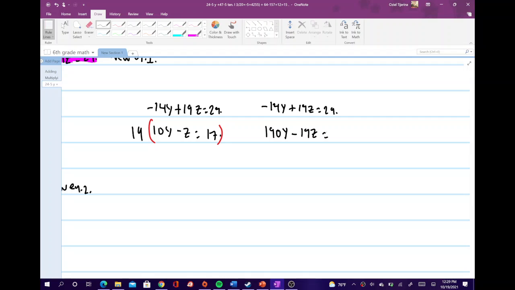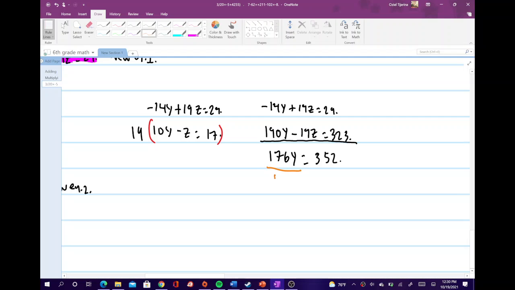So negative 14 plus 190, we have 176y. And then we have 323 plus 29 is 352. So if we divide both sides by 176, 352 over 176 is just 2.